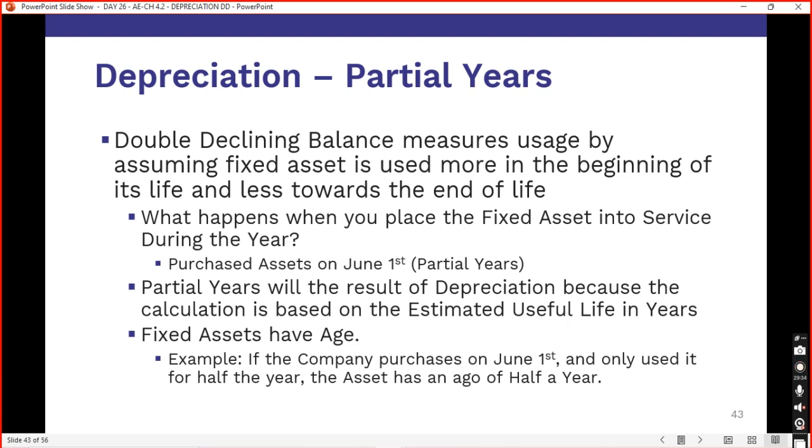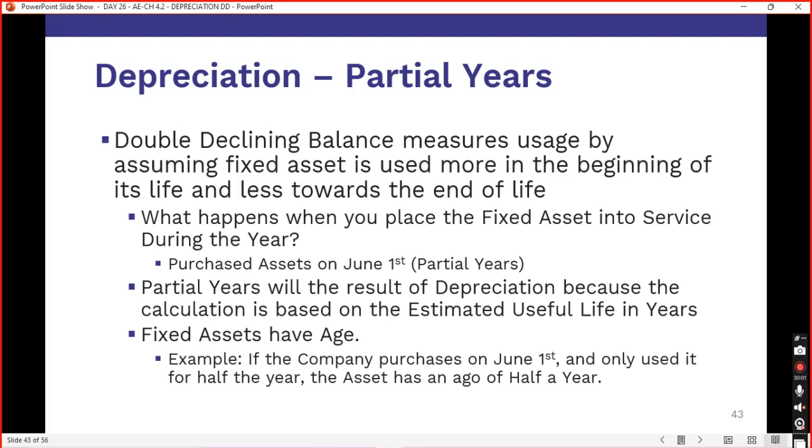And if you do use it during the year, this is where it's important that when you buy your fixed assets, you treat them with age. Okay? If they're born in September and it's December 31st, you don't ever call your child 1 year old. You call them 3 months old, right? You call them 4 months old, okay? You never ever say they're 1 year old.